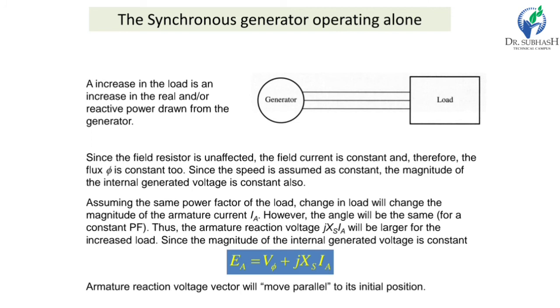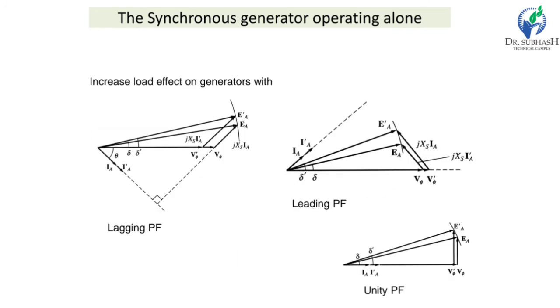If we make the phasor diagram among V phi, EA and jXs Ia, we can observe that there is a point at jXs Ia that can be parallel to its previous position as before the load increment. The resultant phasor diagrams are shown. Here the first figure is the synchronous generator working with an inductive load.